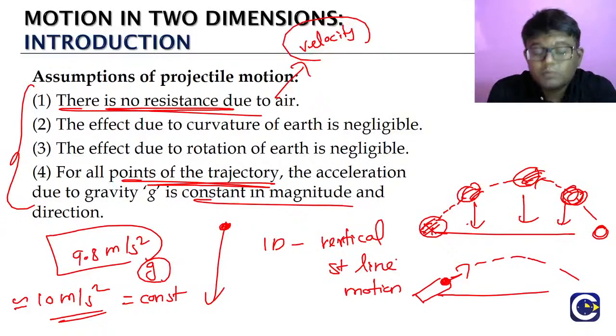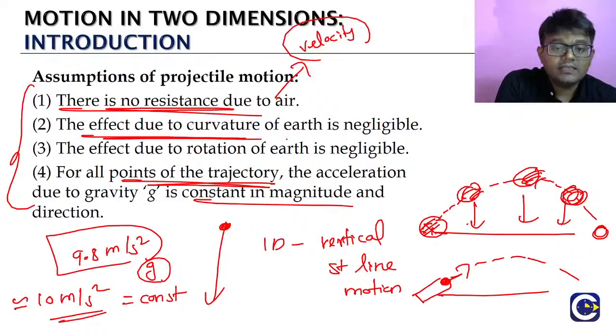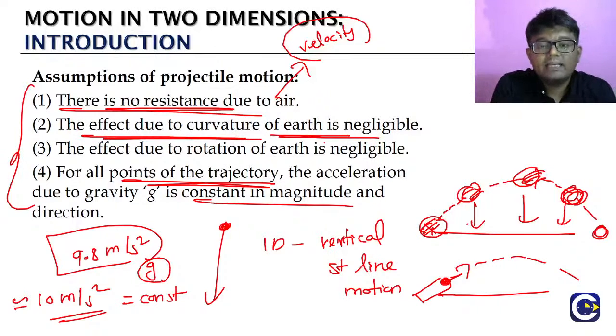But for our problems, the problems that we are solving, we will usually talk about a person throwing a stone, or a football player kicking a football, an athlete throwing a javelin, like that. For these kinds of situations, we can take the curvature of the earth to be negligible, means we can take the earth to be flat.